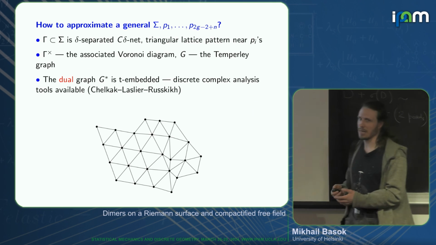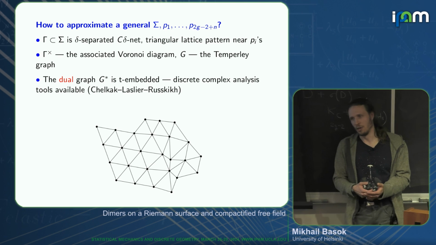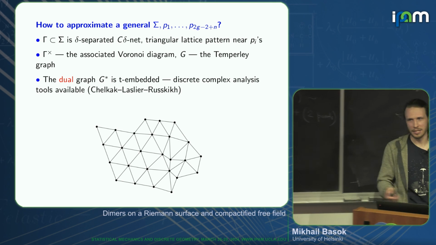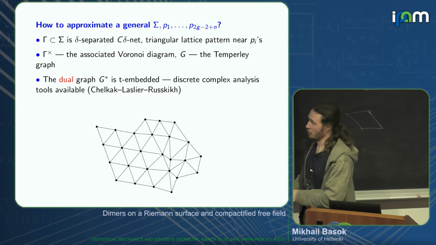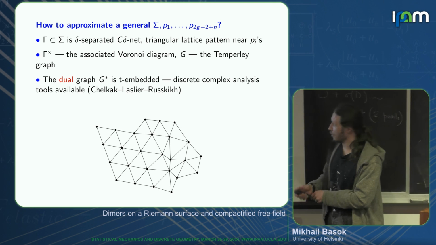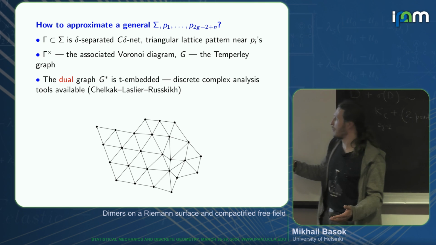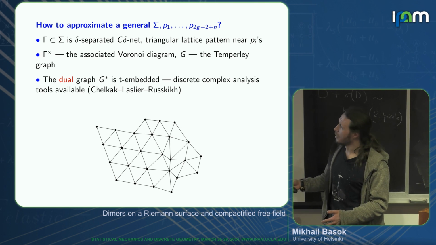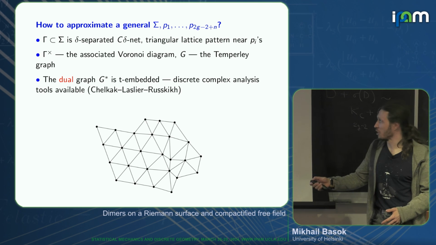Another thing is how we construct this t-embedding on a general Riemann surface, which has non-trivial holonomy. There is the following construction that I just want to demonstrate. We start from some arbitrary collection of points in our surface, which will be vertices of our primal graph.